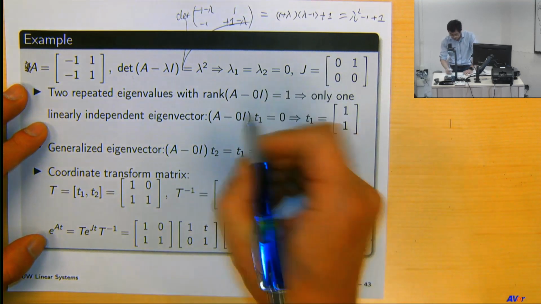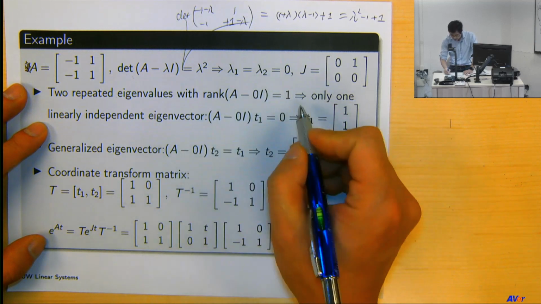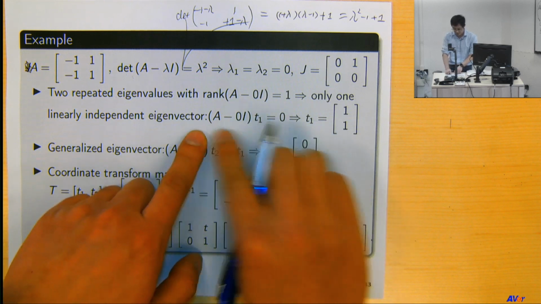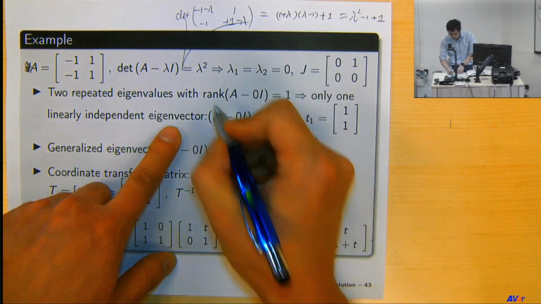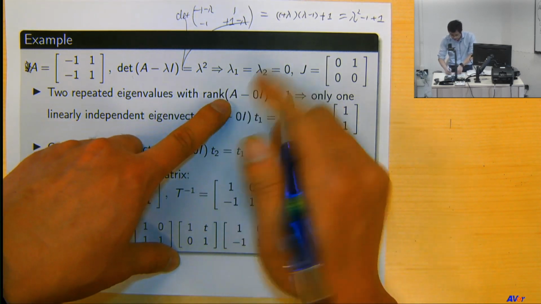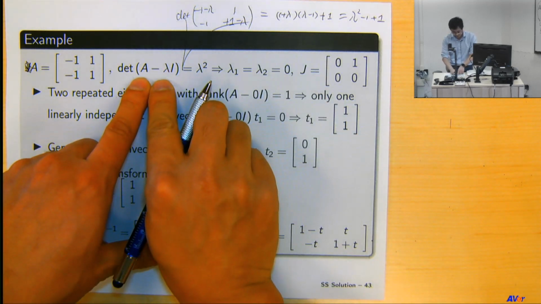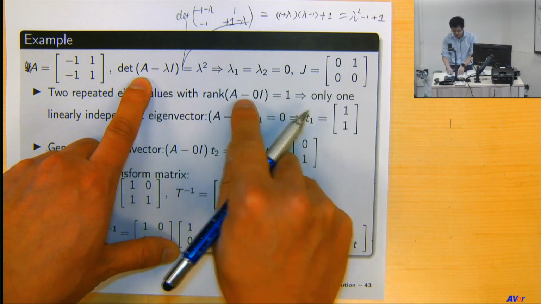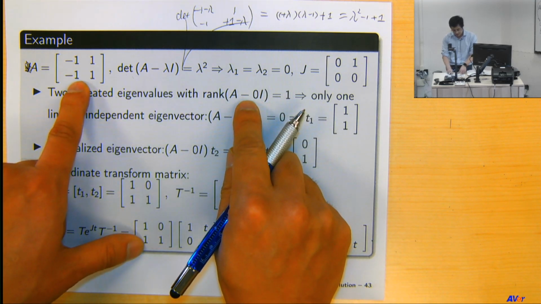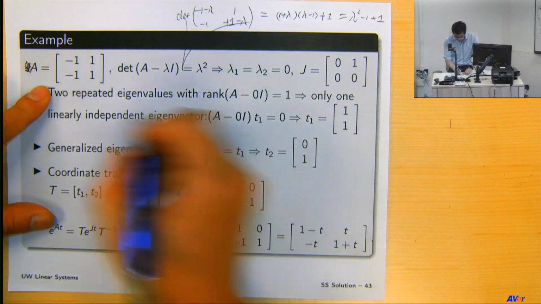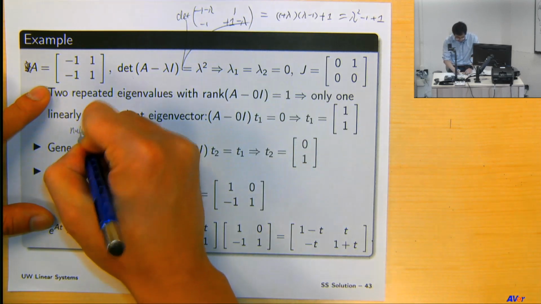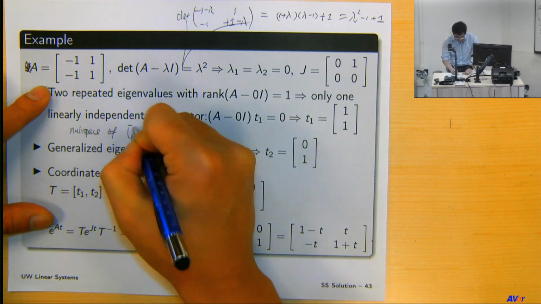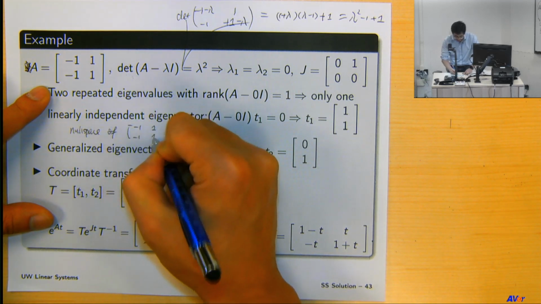Let's see how many eigenvectors we can get directly from here, right? So let's check the null space of A minus lambda I. Lambda is 0, so A minus lambda I is just A itself. To check the null space of this matrix, negative 1, 1, negative 1, 1, right?